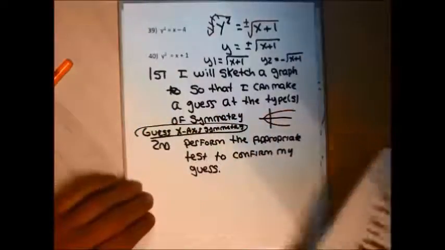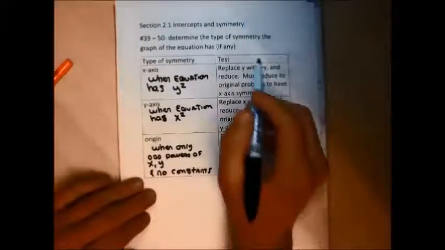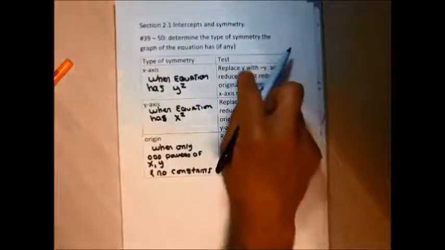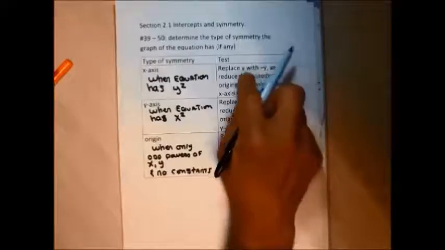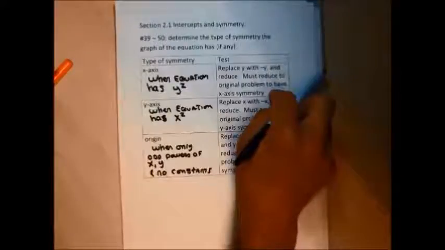The guarantee that you need is to do the test for x-axis symmetry. The test to determine if an equation's graph is symmetric to the x-axis is to replace the y with negative y and reduce. If it reduces to exactly the original problem, then the graph has x-axis symmetry.